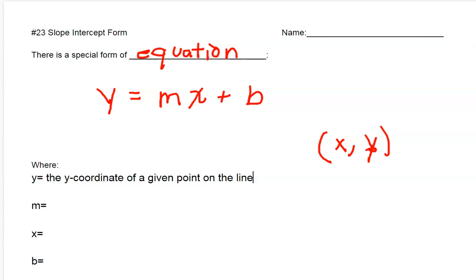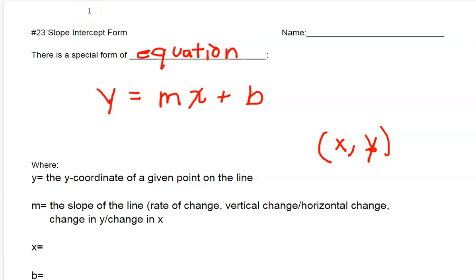M is simply going to be the slope of the line. That would be the rate of change, the vertical change over the horizontal change, or the change in y divided by the change in x. Okay, so if we have our line here, there's our axes, and so we're talking about change in y over change in x.